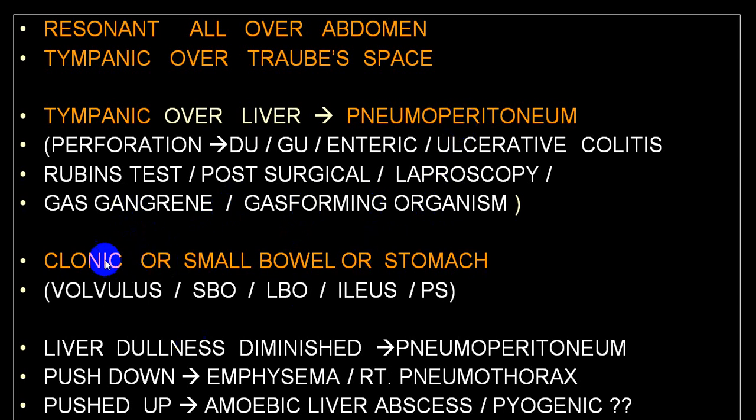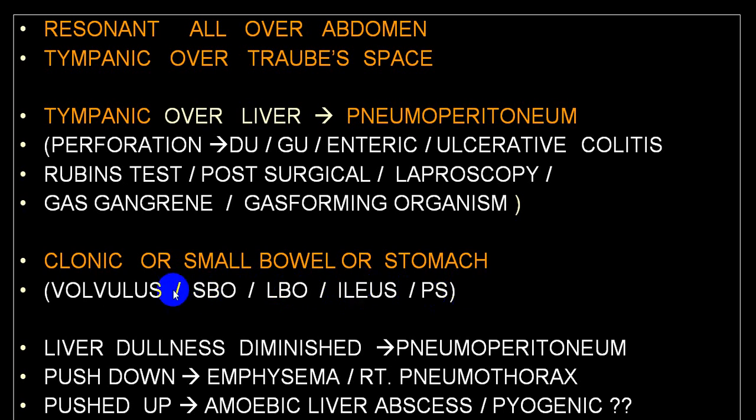We know very well if there is some pathophysiology like volvulus, small bowel obstruction, large bowel obstruction, ileus, pyloric stenosis.